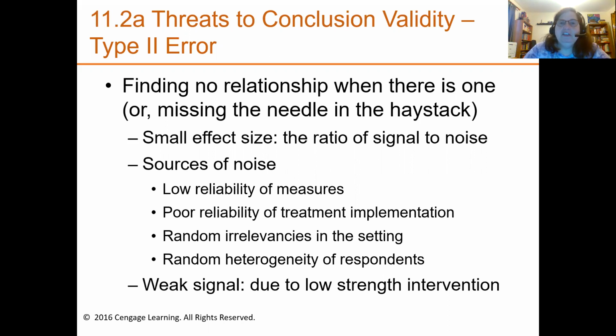If you're going to use, let's say, a therapeutic treatment as what you're implementing in one group versus another, you want to make sure that that treatment is being implemented in a very consistent manner. How can you do that? Maybe manualize the treatment, right?